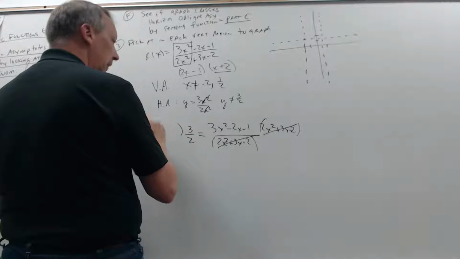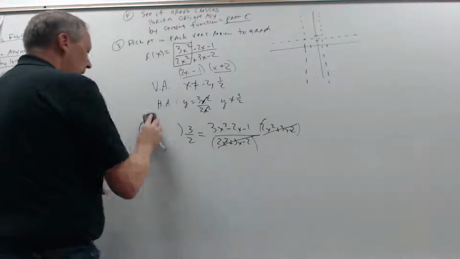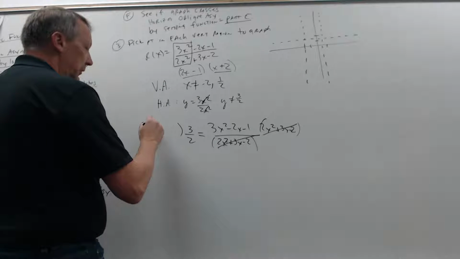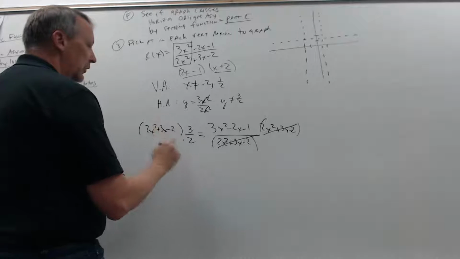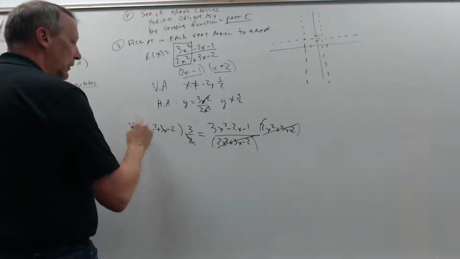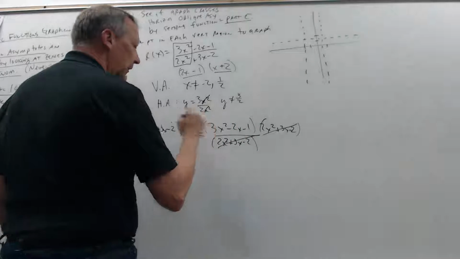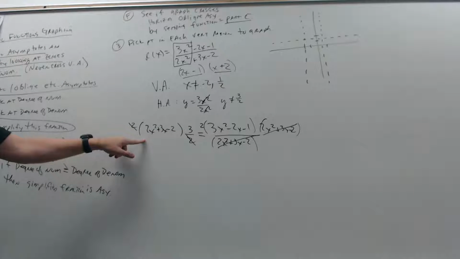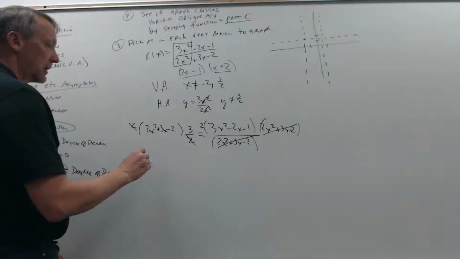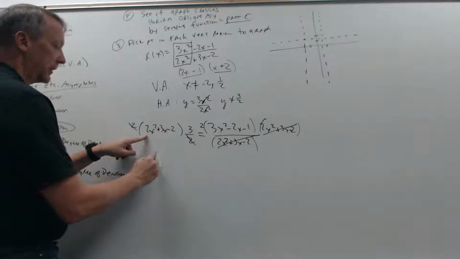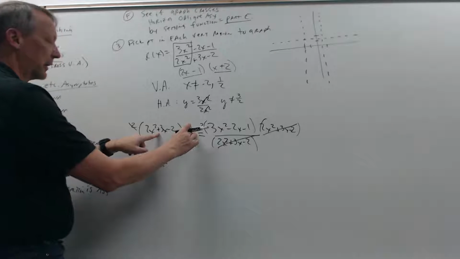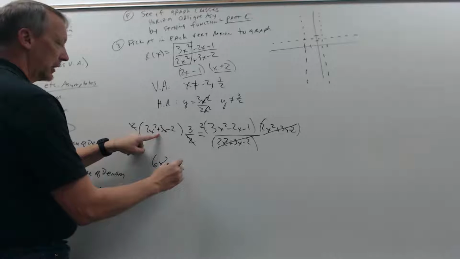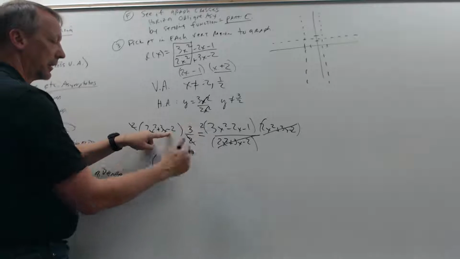And 2x squared plus 3x minus 2. I'm going to multiply both sides by 2 to get rid of this, okay? So 3 times this is 6x squared, 9x, negative 6.